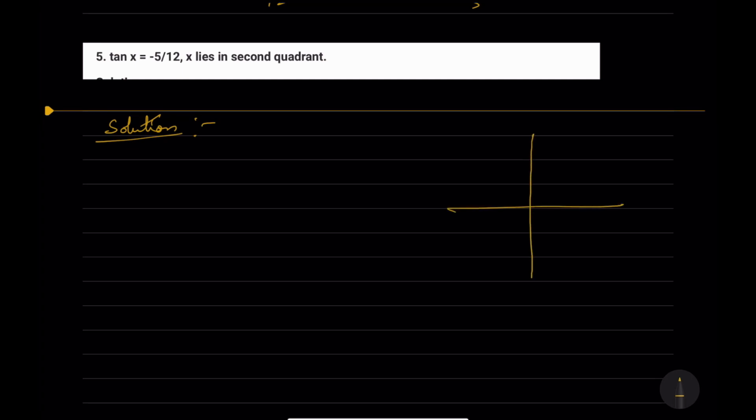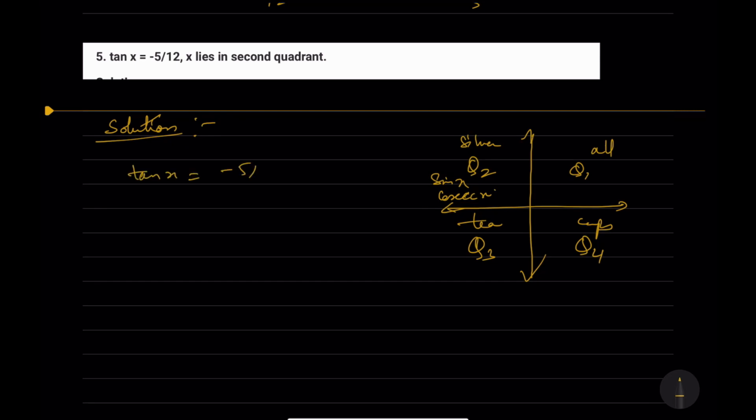So here this is the first quadrant, second quadrant, third quadrant and fourth quadrant, all silver tea cups. So in the second quadrant we have sine and cosecant as positive. Therefore tan x will be negative. So tan x is equal to minus 5 by 12.